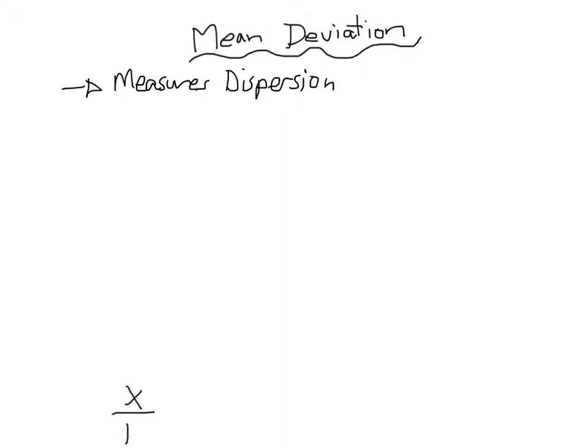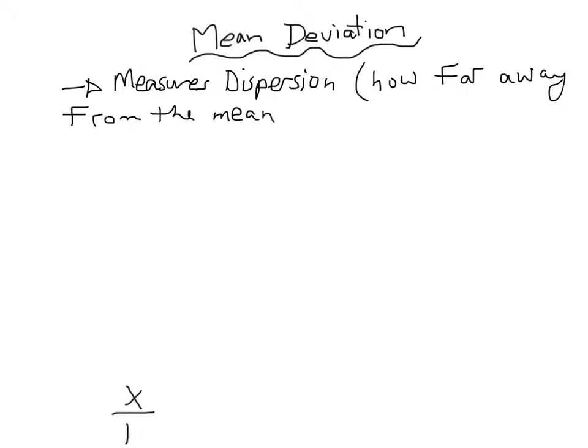Or the other way to look at it, this is actually what mean deviation is: how far away from the mean, so from the average, is your data.